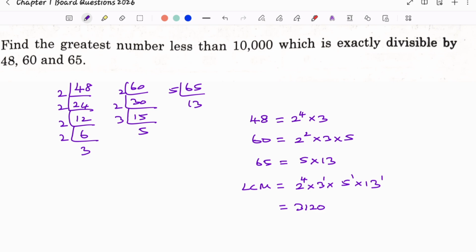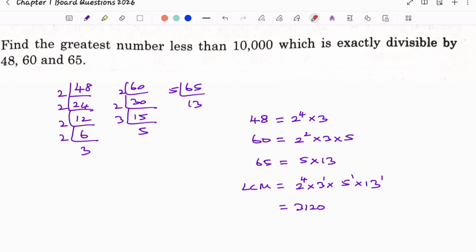But we should find the greatest number less than 10,000. 3120 is not the greatest number less than 10,000 divisible by all these numbers, because if you find the multiples of 3120, you will get some other numbers less than 10,000. Is it okay? So to find the exact answer to the particular question, we should find the multiples of 3120, but it should be less than 10,000.